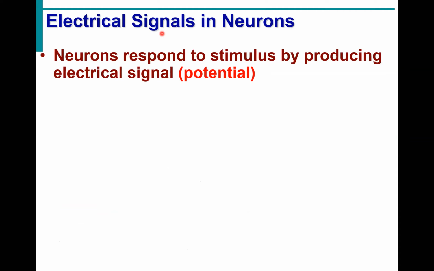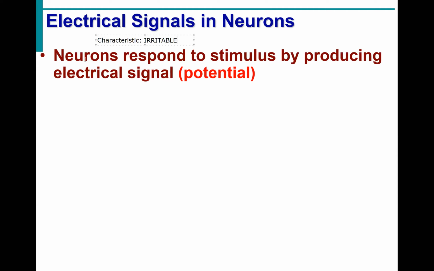And so now what we need to start talking about is the physiology of our nervous tissue, of our neurons in particular. Because as we've mentioned, neurons are irritable, right? That's the key characteristic. They're irritable.